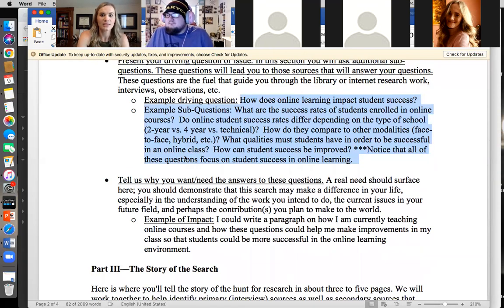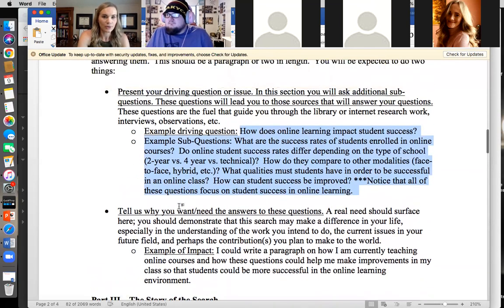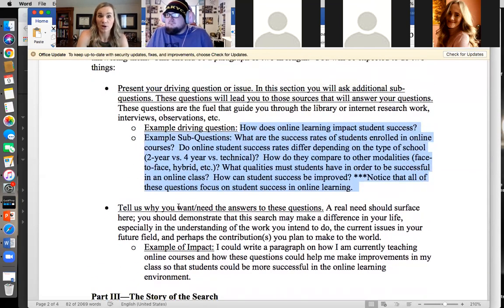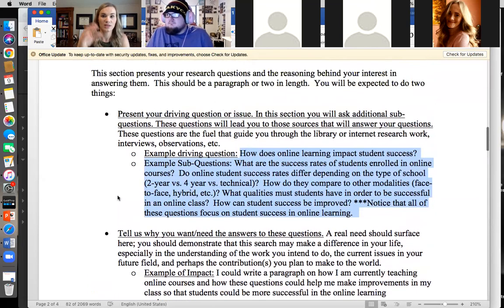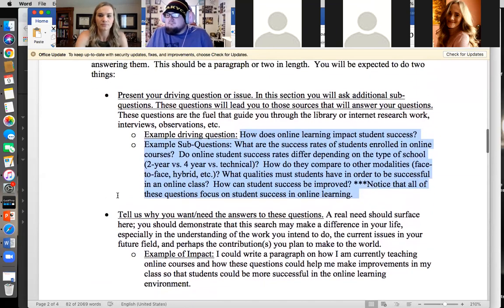That's my reasoning why I need these questions answered. And so you're going to do those 2 things here. Generally, this section is again 1 or 2 paragraphs. It's not a big part of your paper. Okay, it is big because it's presenting the questions, but it doesn't take up as much space in your paper.